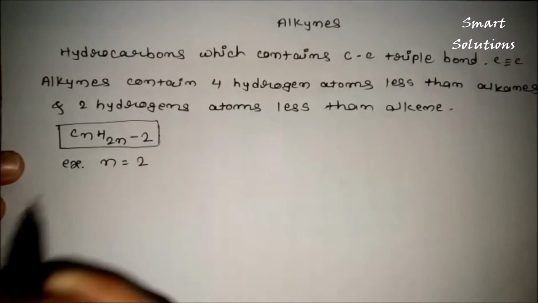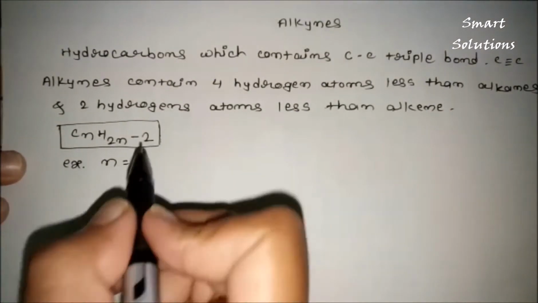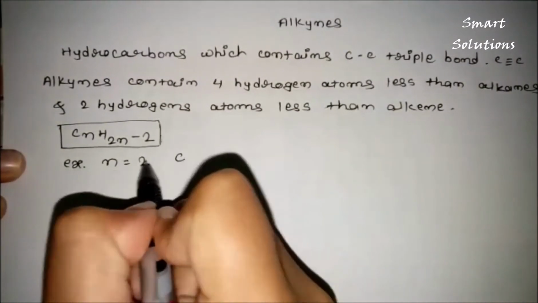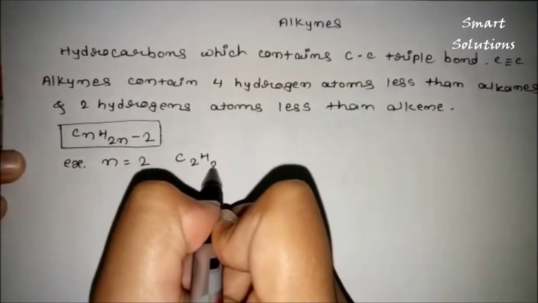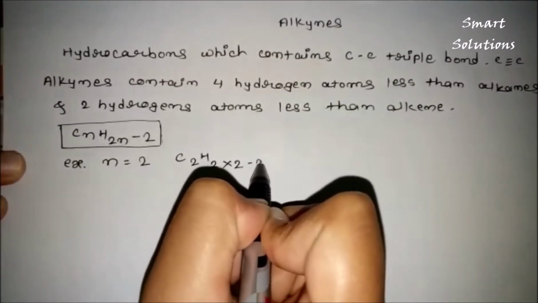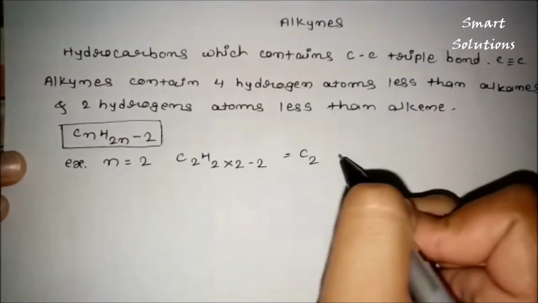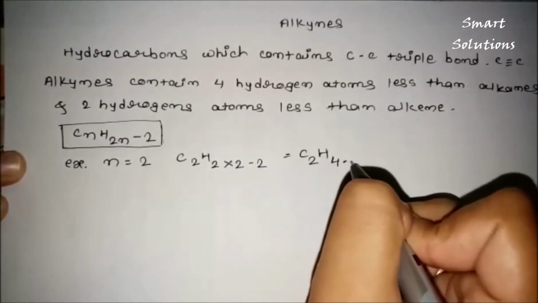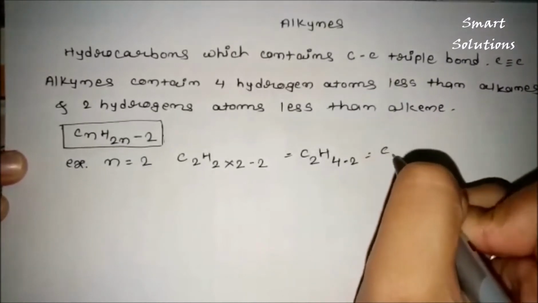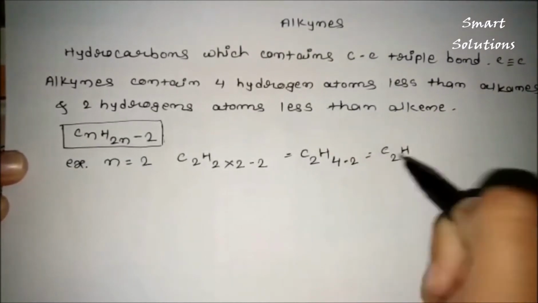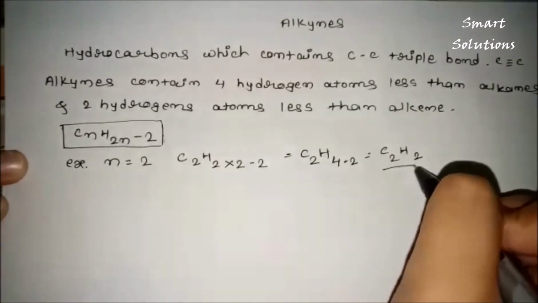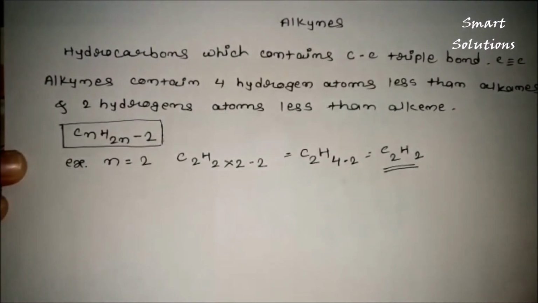Put this 2 in the formula: C2H2 into 2 minus 2. So C2H(4 minus 2), which is C2H2, and C2H2 is ethyne.